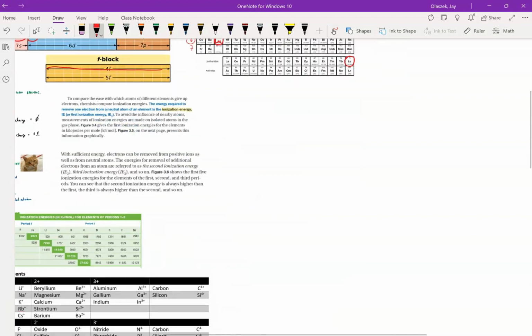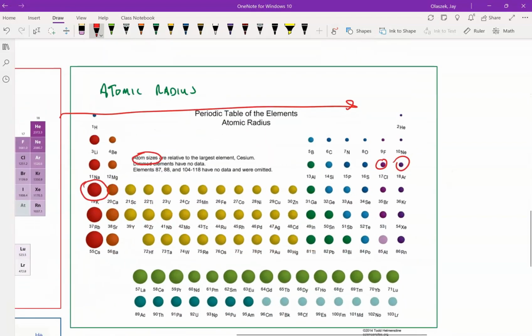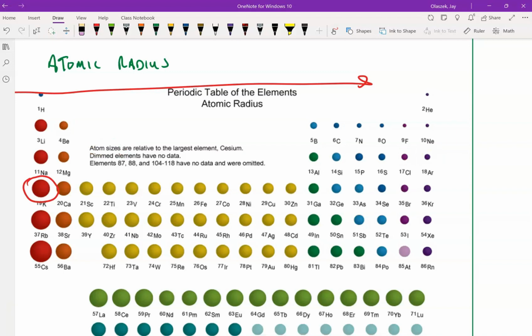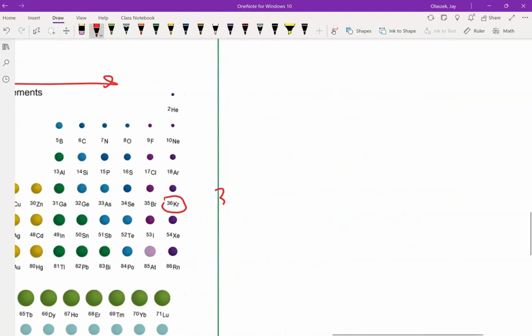Why is this? What we know is that the number of protons is increasing as we move from left to right. For example, potassium has 19 protons, calcium's got 20, scandium's 21, and so on and so forth. Get all the way across to krypton, and that has 36. 36 protons pulls harder than 19.